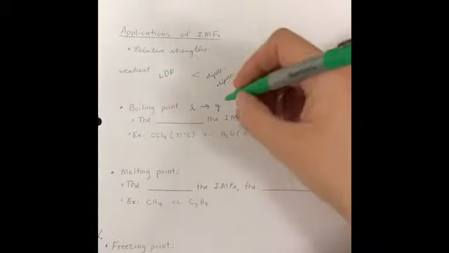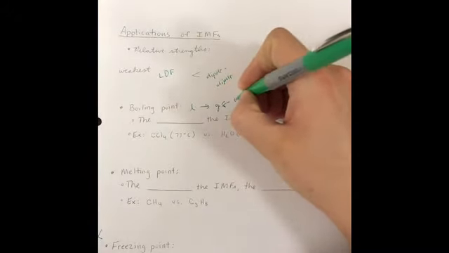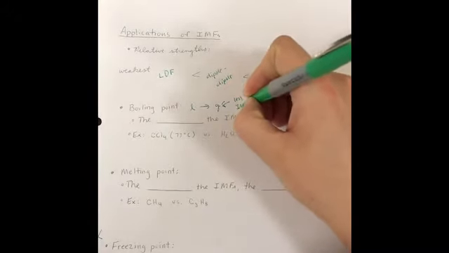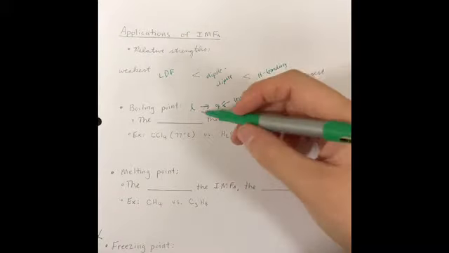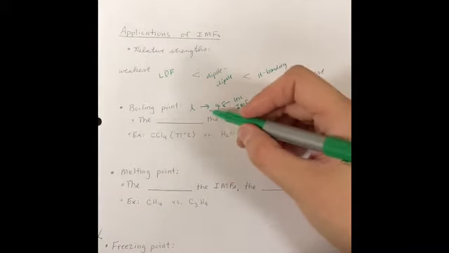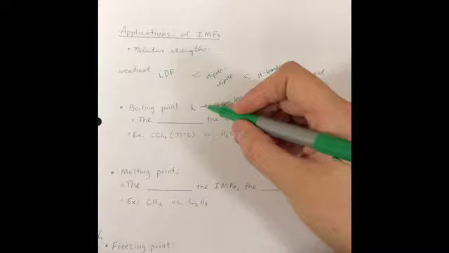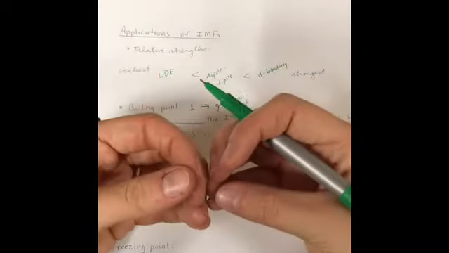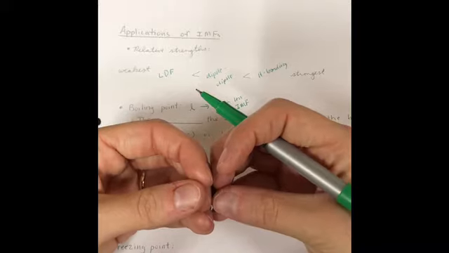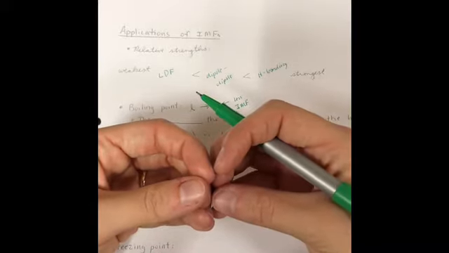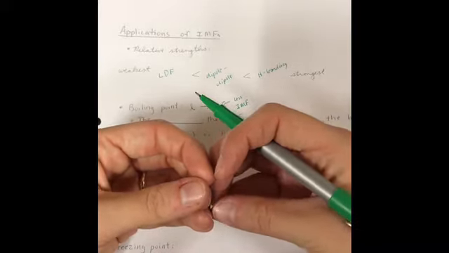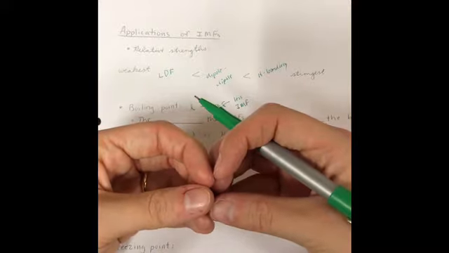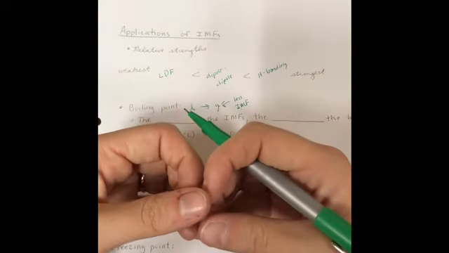And so, if the gas state has fewer intermolecular forces than the liquid state, then we can predict that if molecules have low intermolecular forces, it's going to be pretty easy to put them into the gas state.